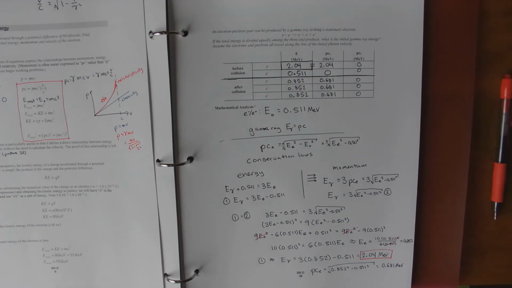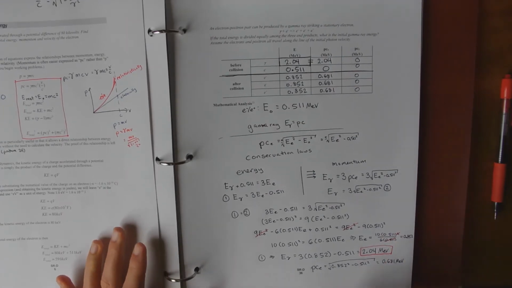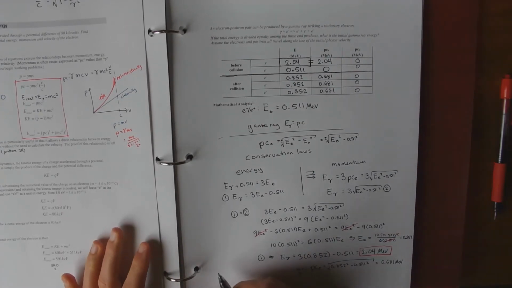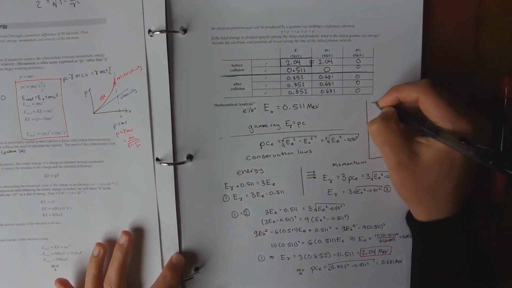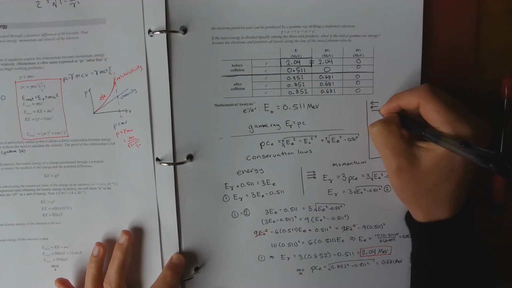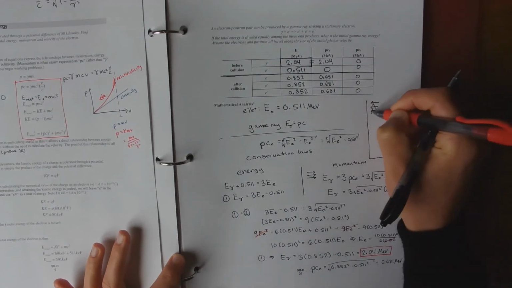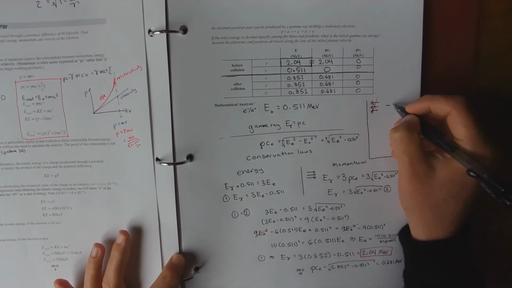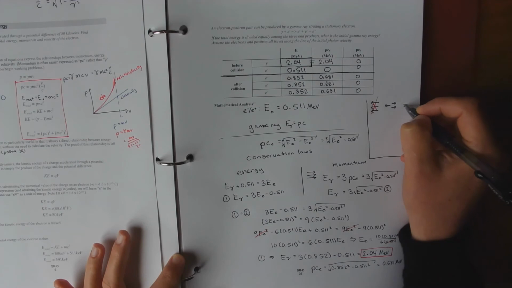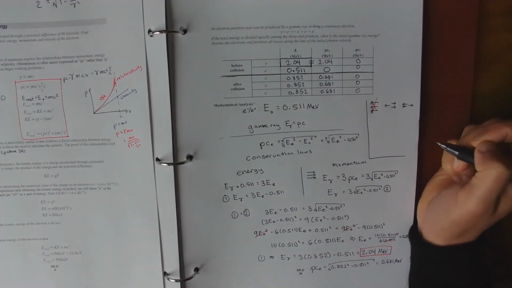Okay, now, is it possible that all three particles go in the negative x direction? No, that's not a possibility. I'm just going to write it up here because I'm kind of out of room. So can we have all three particles going this way afterwards? No. So the other possibilities would be to have one particle go backwards and two particles go forward, or you could possibly have two particles go backward and one particle going forward.